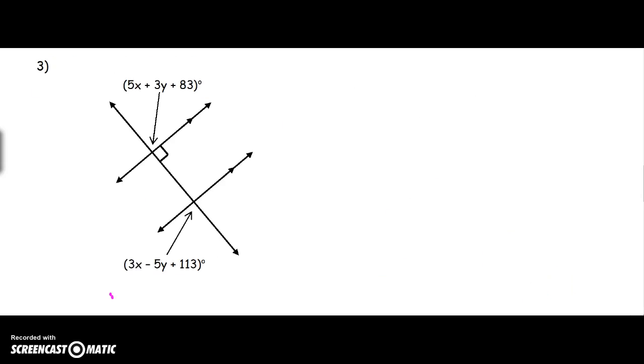In this problem, if you notice, we have, again, parallel lines, one line perpendicular, which means the second line is perpendicular. But we also have X and Y. This is a problem where we have to use a system of equations. Each of these is going to be set equal to 90.